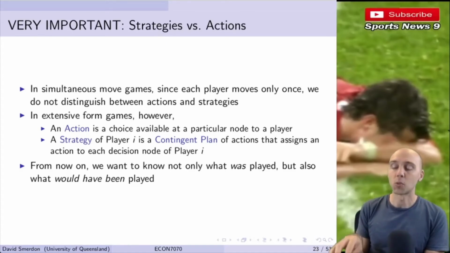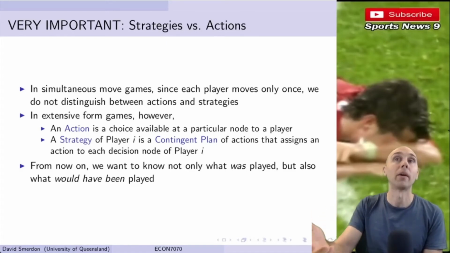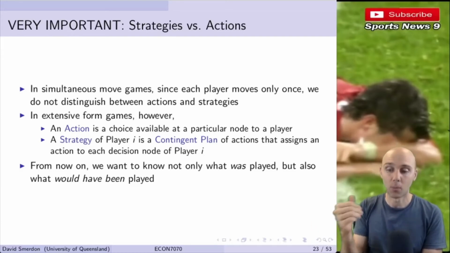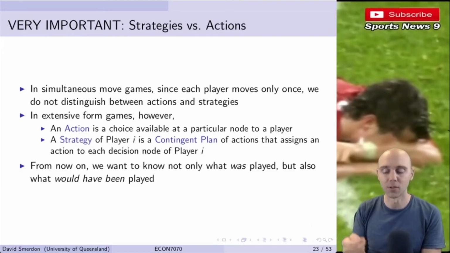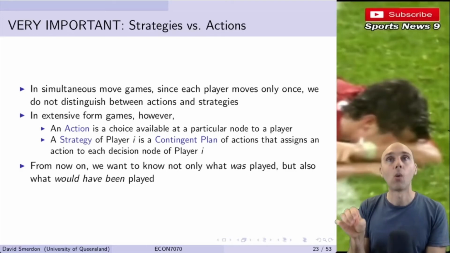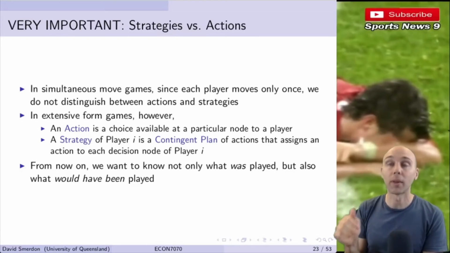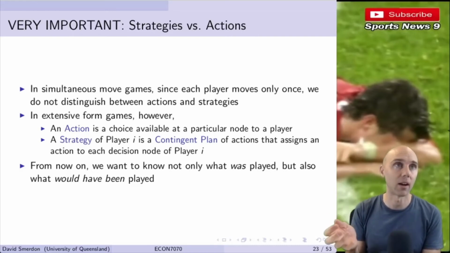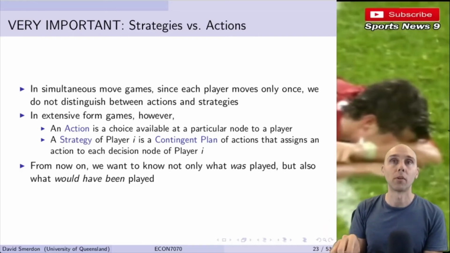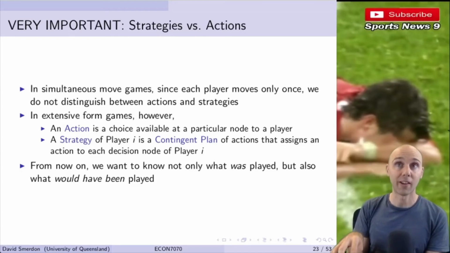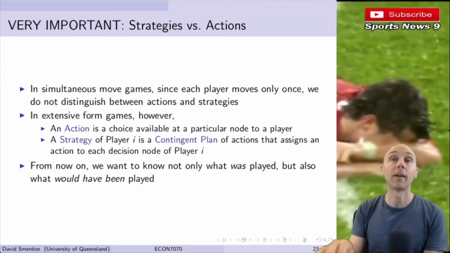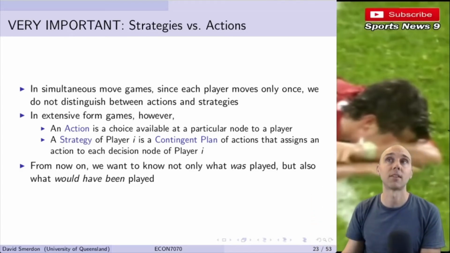So if the twin brother goes and player 1 plays heads, and player 2, the twin brother, plays tails, we need to know more. We don't just want to know, okay, player 2 played tails and this is the outcome. We want to know what player 2 would have played if player 1 had played something else, tails, for example.